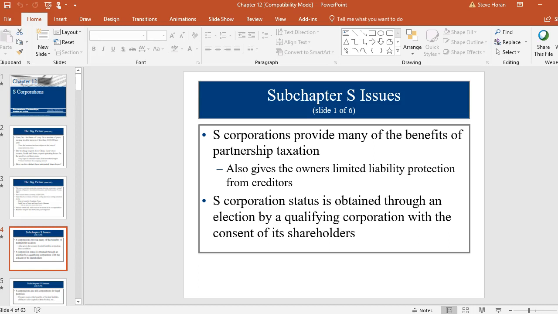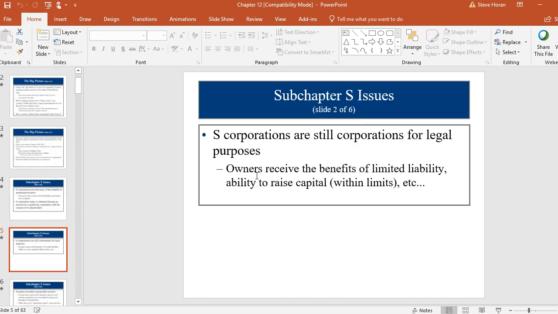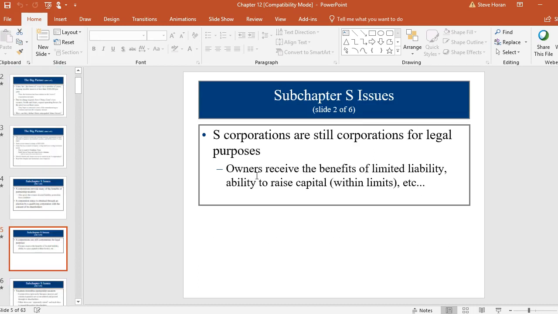So S Corps provide many of the same benefits as partnership taxation, so very similar to an LLC or an LLP. The S Corp status is obtained through an election by a qualifying corporation with consent of its shareholders. So it's just an election that you make with the IRS. S Corps are still corporations for legal purposes.